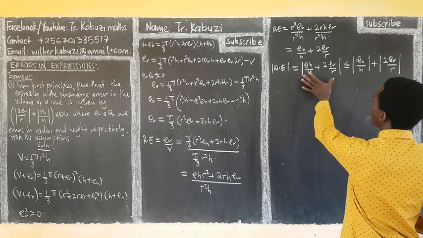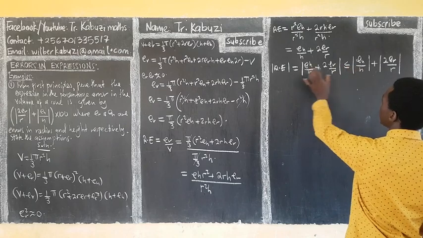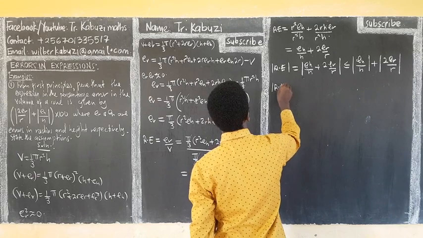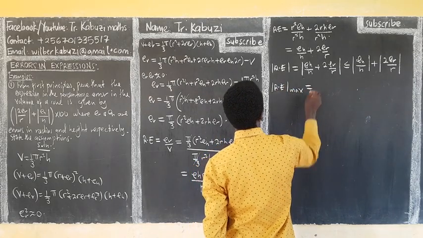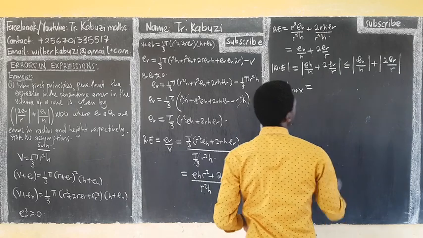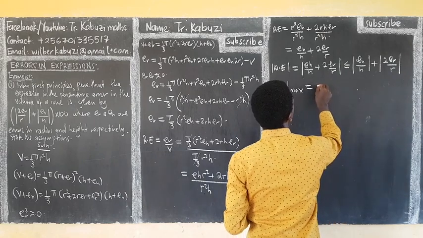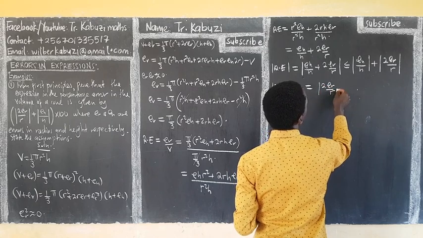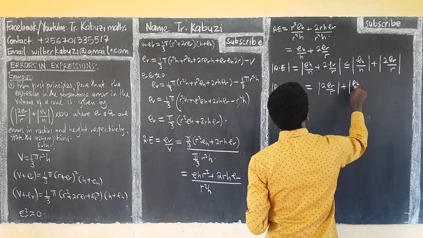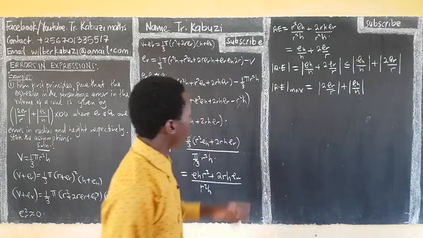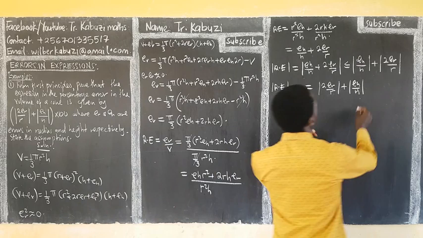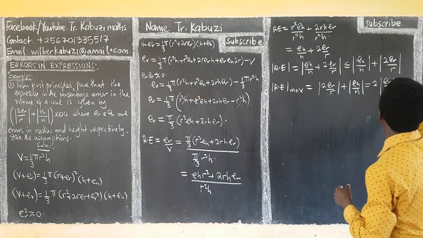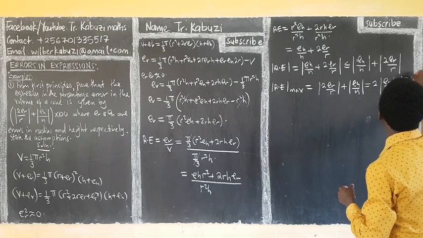And if this one is less than or equal to this, it means that for the max, we shall take it as equal to that. So this would be 2 er over r plus eh over h.